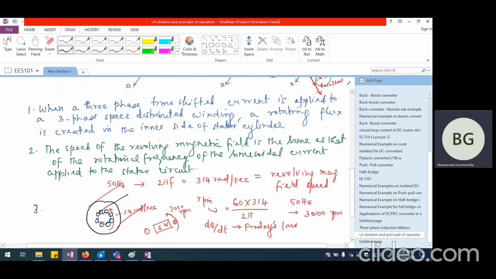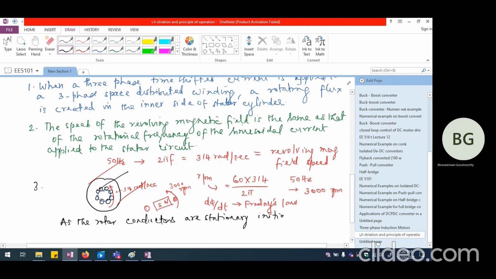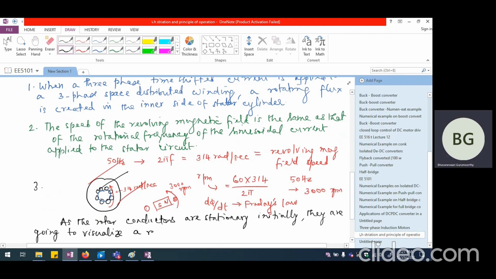So these conductors are stationary and they are going to face this magnetic field. So as the rotor conductors are stationary initially, they are going to visualize a rate of change of flux.